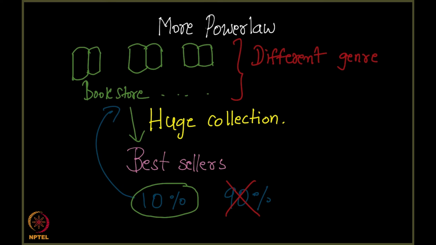If I were the bookshop owner, I would simply keep the bestsellers and discard the rest. Why then do big bookstores that you visit have a whole lot of books? Why can't they just keep the bestsellers?